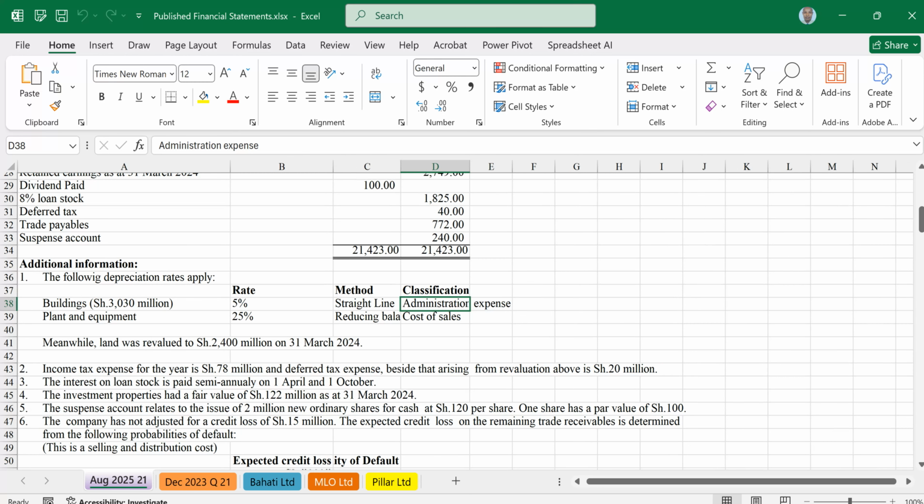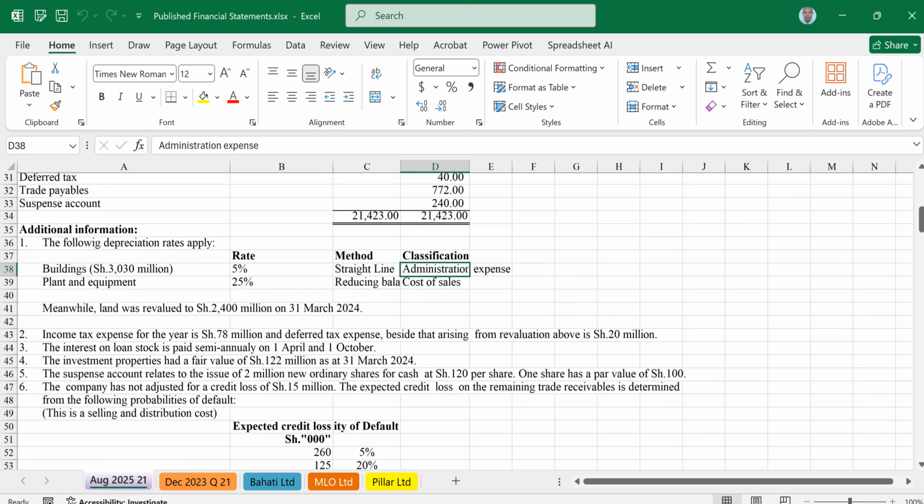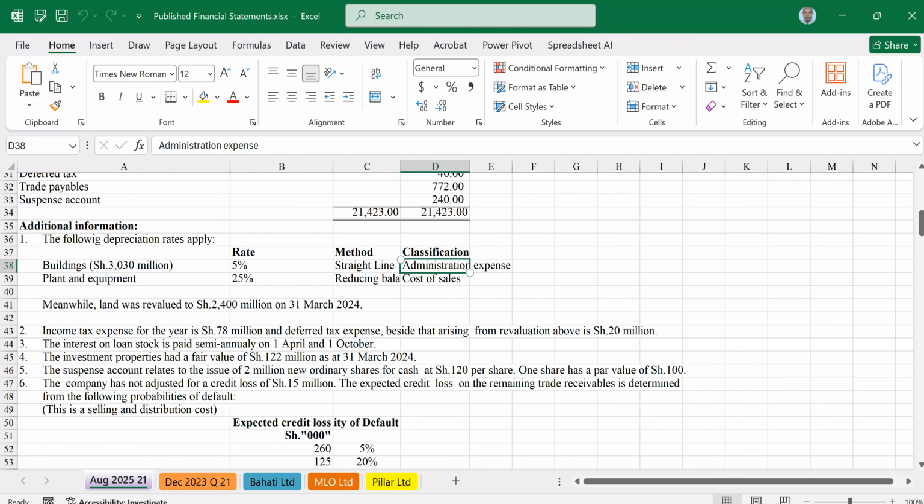Then additional information number 2, income tax expense for the year is 78 million and deferred tax expense, besides that arising from revaluation above, is 20 million. The one arising from revaluation is 20 million.